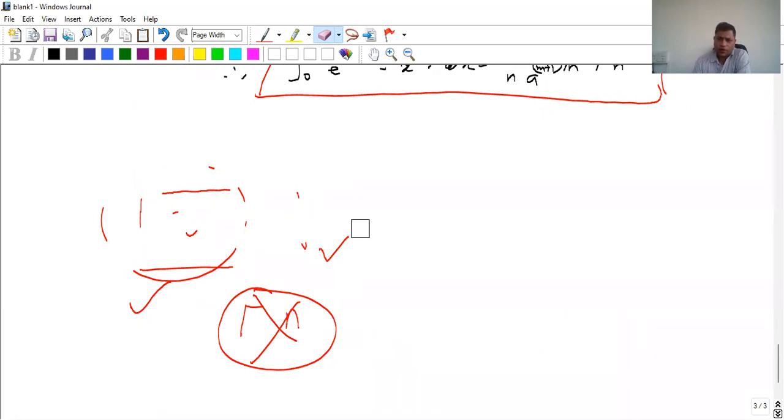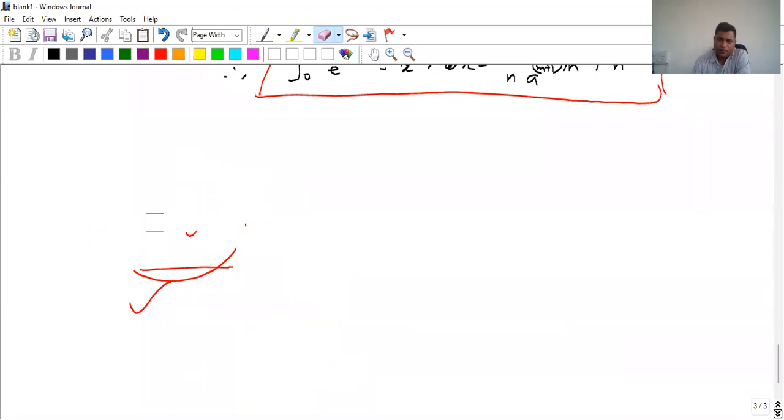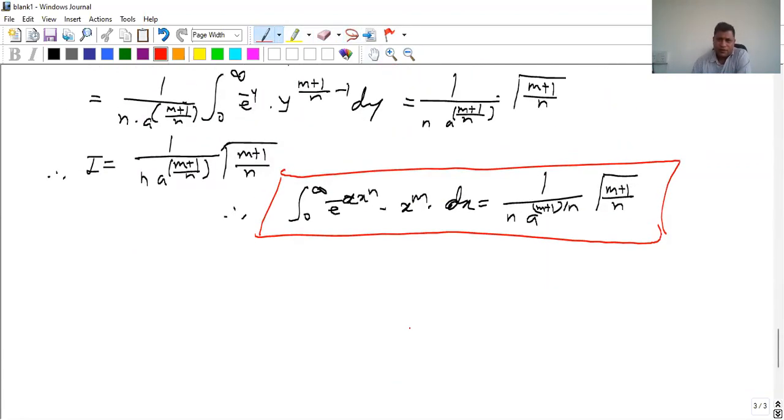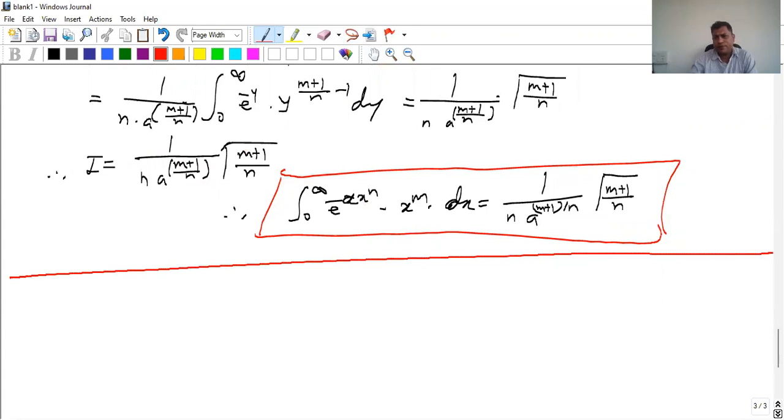So all of you got these two integrals. Yes, sir. Okay. So what is the basic requirement? The basic requirement is we must convert the power of the exponential to be the variable, and whatever the power of the variable we have, we don't have to worry about it. Now think of another integral.